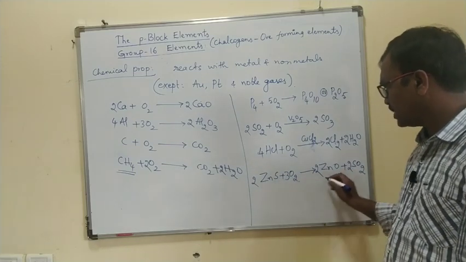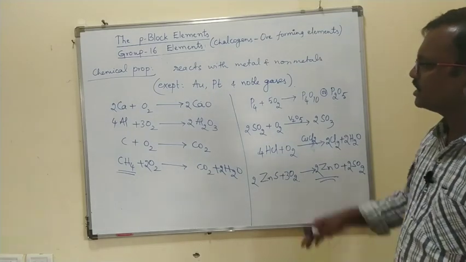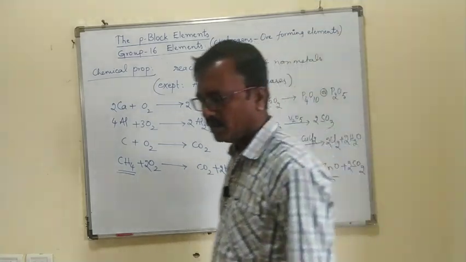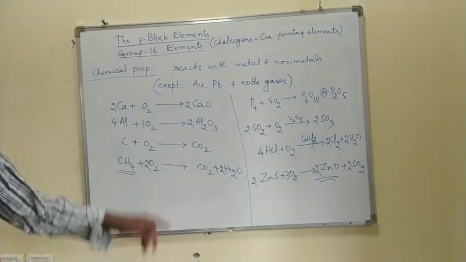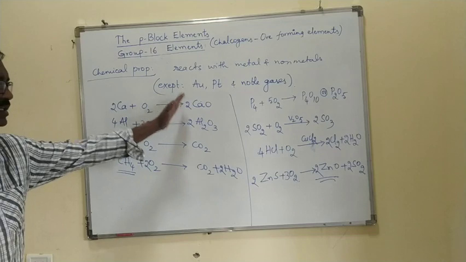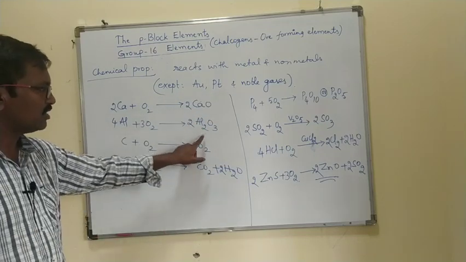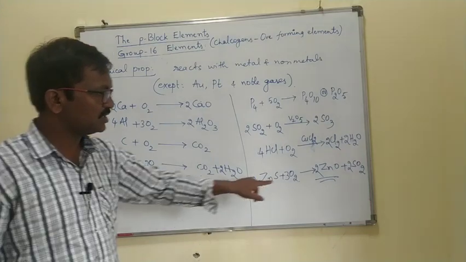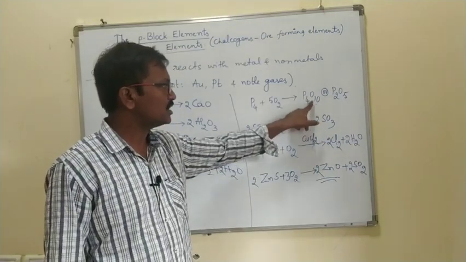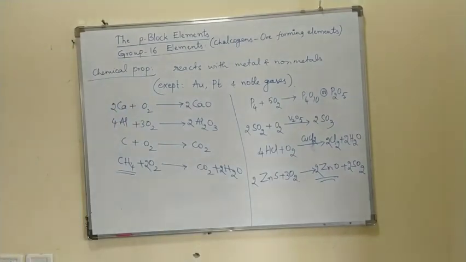So zinc sulfide is converted into zinc oxide. Oxygen reacts with almost all metals and non-metals except gold, platinum and noble gases. These are the oxides, except this one forms chlorine.